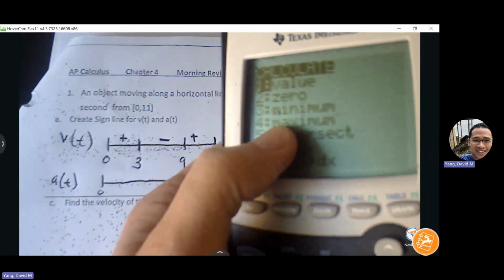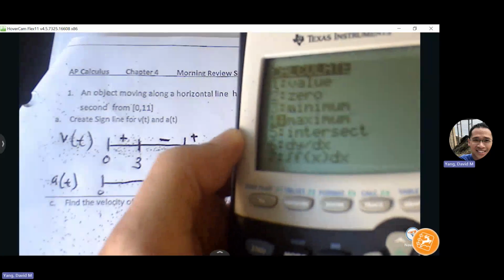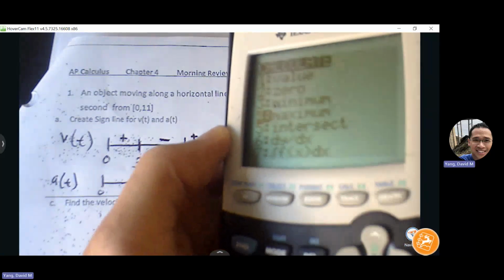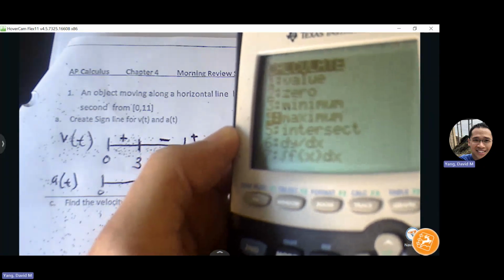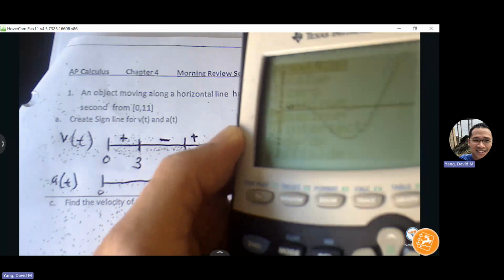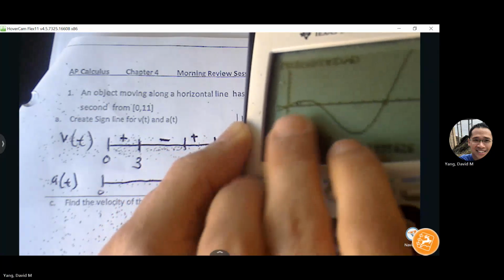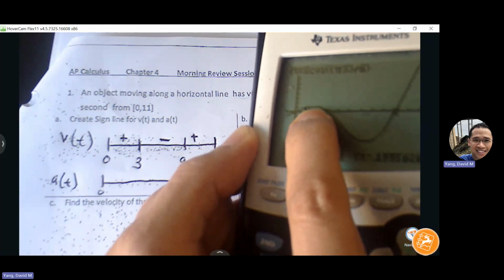Okay, so I see a relative max first. So I'm going to go to the max feature. It's going to feel like the 0 feature in the sense that we're going to pick points on either side of the target that we want, and the calculator is going to go and look for it for us. So if I choose the max feature, that means I want my calculator to find that hill for me.